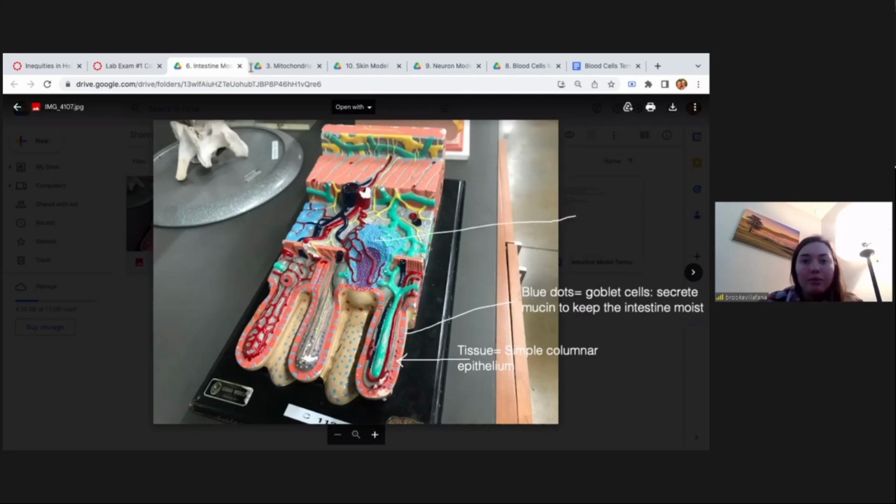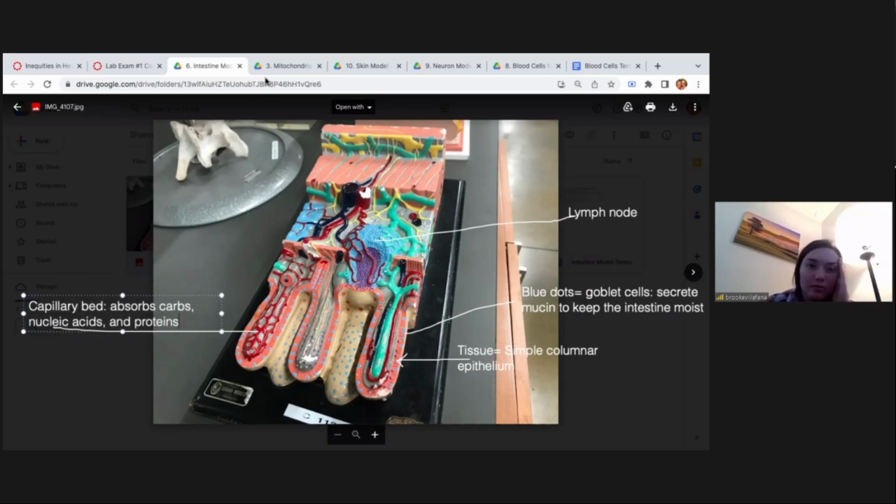The big blue structure is a lymph node. This is a capillary bed that absorbs carbs, nucleic acids, and proteins. This is the lacteal that absorbs fatty acids.